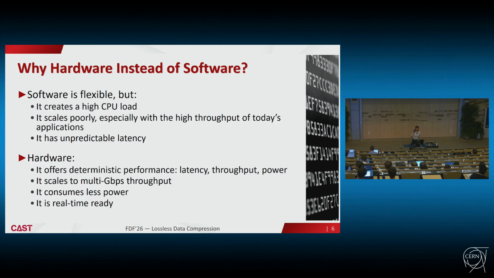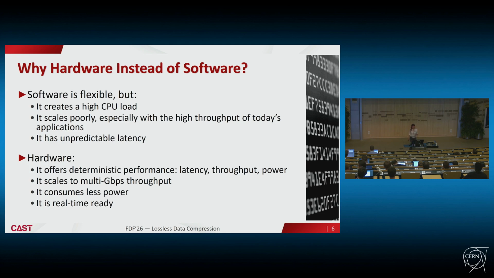And most importantly, it has an unpredictable latency. So this means that we have unpredictability. It cannot be used in real-time applications. Okay. Think what I used to do here, for example. How can you expect software to have the precise latency so that you can get your data at the very nanosecond you expect it? It cannot be done.